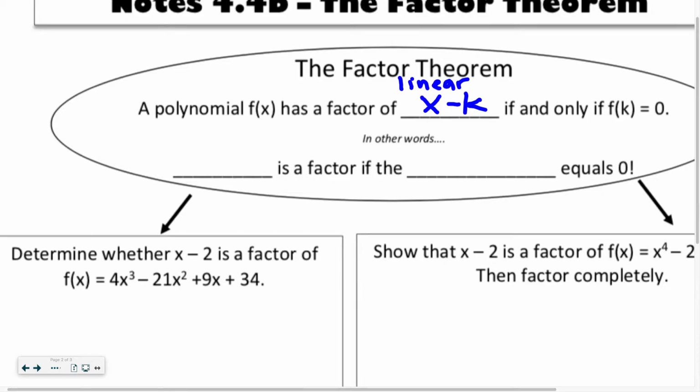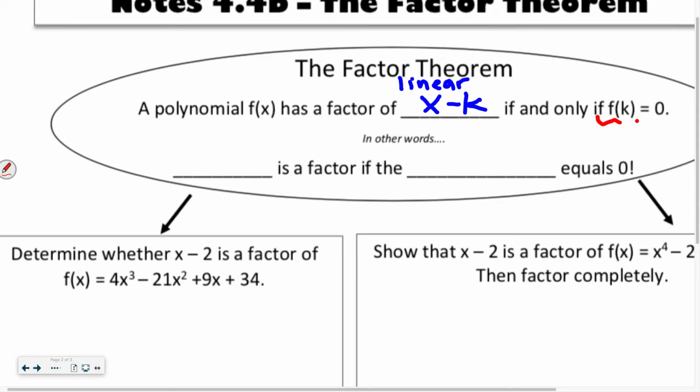There was one other theorem we talked about. Kristen is saying the remainder theorem, and f of k was in the remainder theorem. In the remainder theorem, f of k is the y value when x equals k. It's also the remainder, right? You can do synthetic division, and the number at the very end, in the remainder spot, is the value of the polynomial. So f of k here is also the remainder.